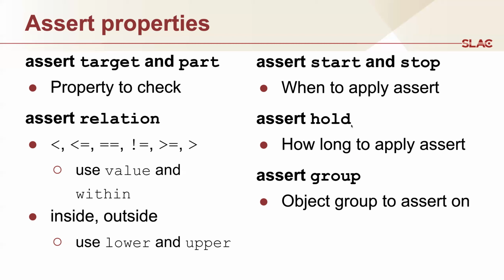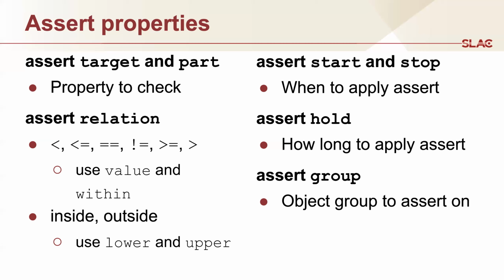You can also use the start and stop values to specify when to apply the assert object itself. So these are timestamps. You can say that the property needs to be verified only when the clock is within the range of that timestamp.